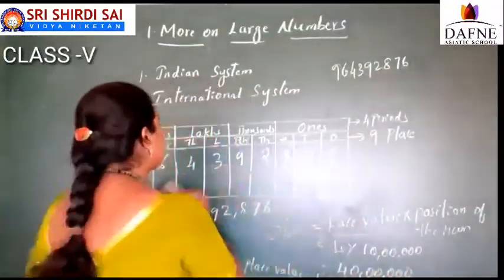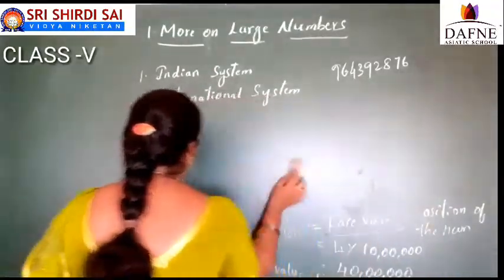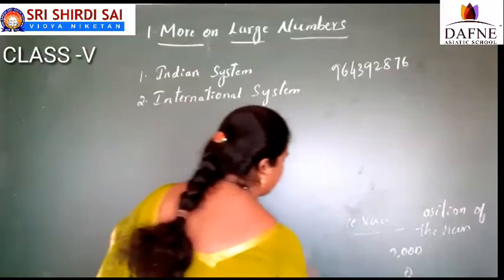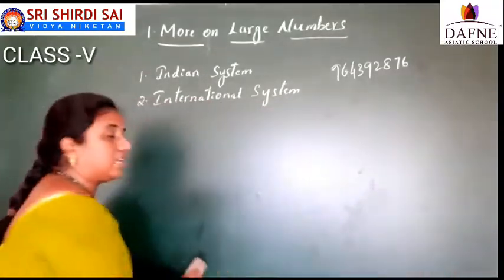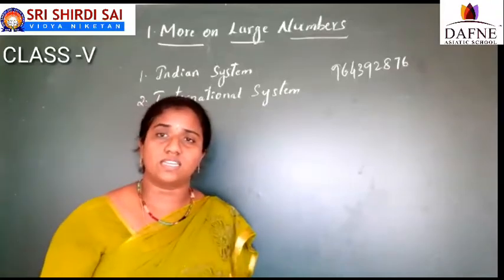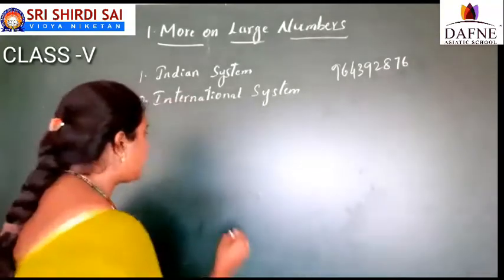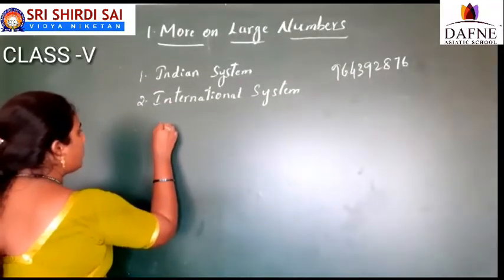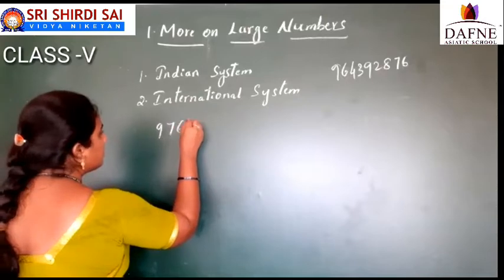Now, coming to how to write the expanded form in the Indian system. The number can be written as ones, tens, hundreds, thousands, lakhs, 10 lakhs, crores and 10 crores. That is called an expanded form.